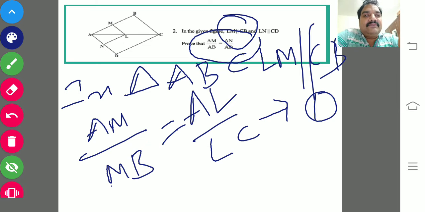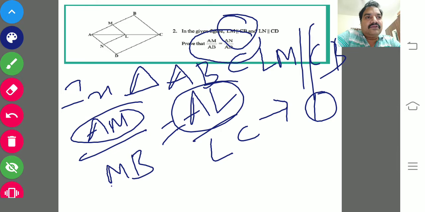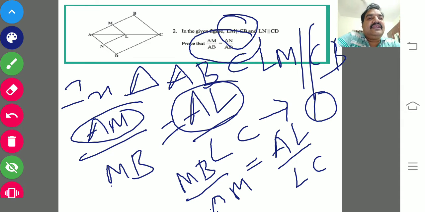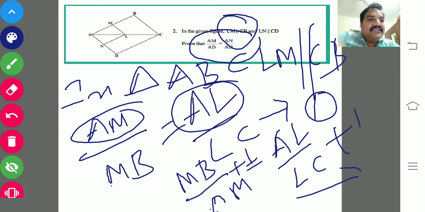So you have to take the reciprocal. If you take the reciprocal, what will you get? MB by AM equals LC by AL. Am I right? After that you just add 1 on both sides. Then what will you get? We will see. This is one kind of analysis.